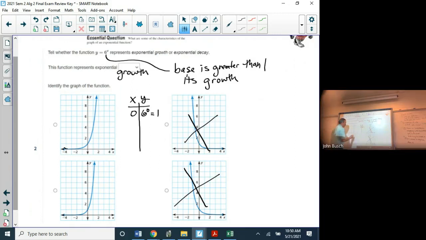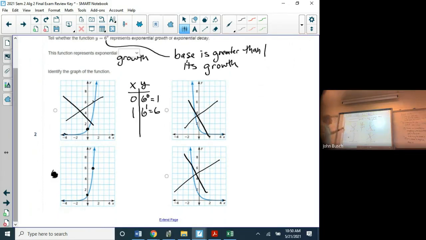So it should go through the point (0, 1). They both do. If x is 1, it's 6 to the 1, which is the number 6. The point (1, 6). (1, 6) is not on that one. (1, 6) is here. This is on it. So it's this bottom left choice that is the one.